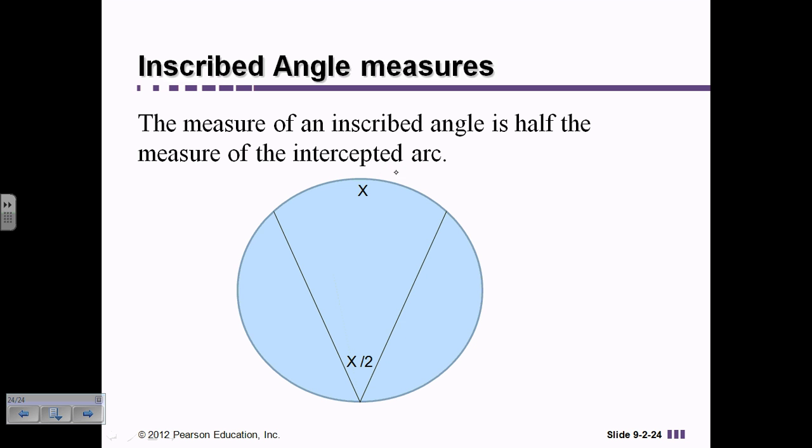If the measure of this arc is 110 degrees, then the measure of this angle is 55 degrees. Look at another one. If the measure of this angle is 70 degrees, then the measure of the intercepted arc is 140 degrees.